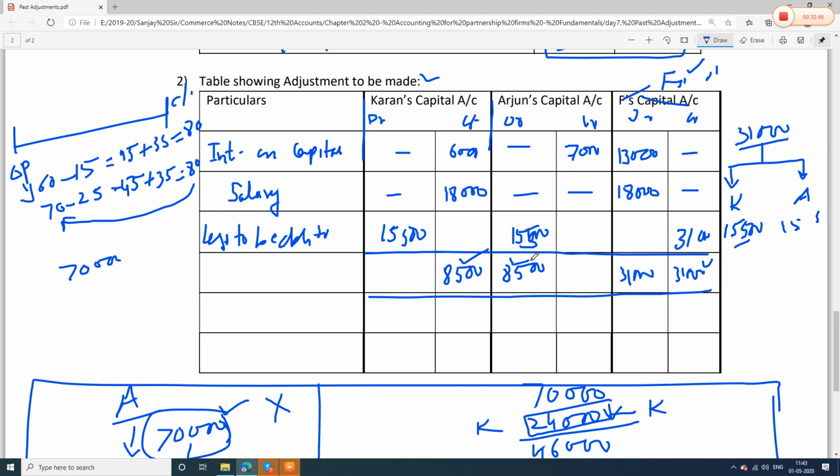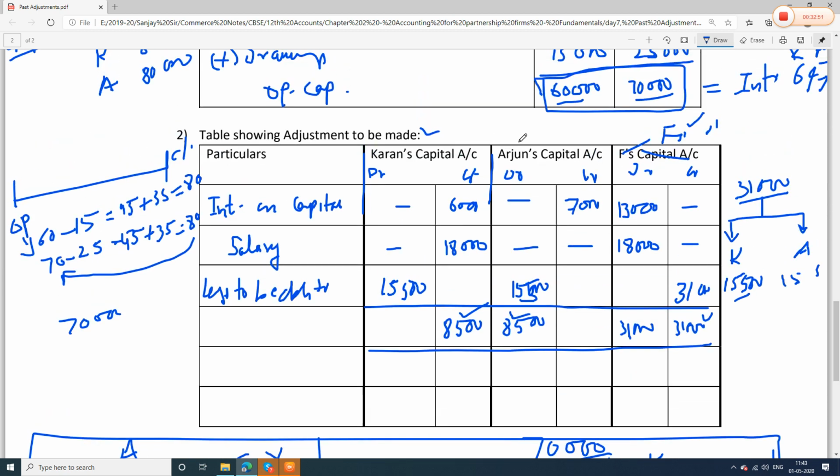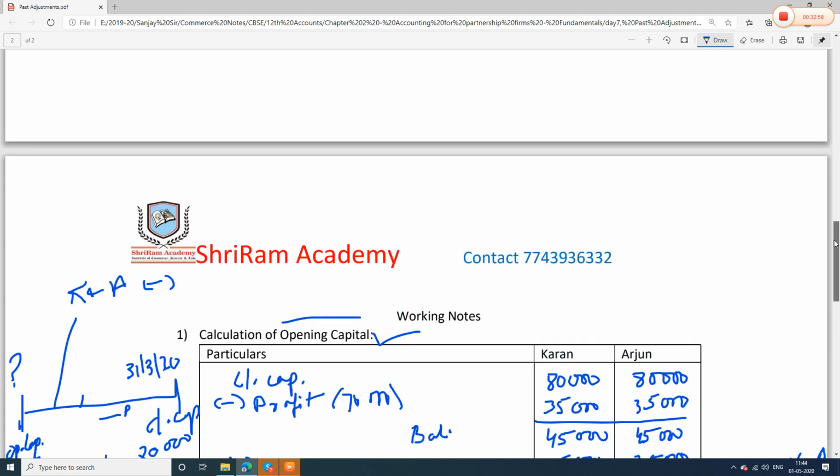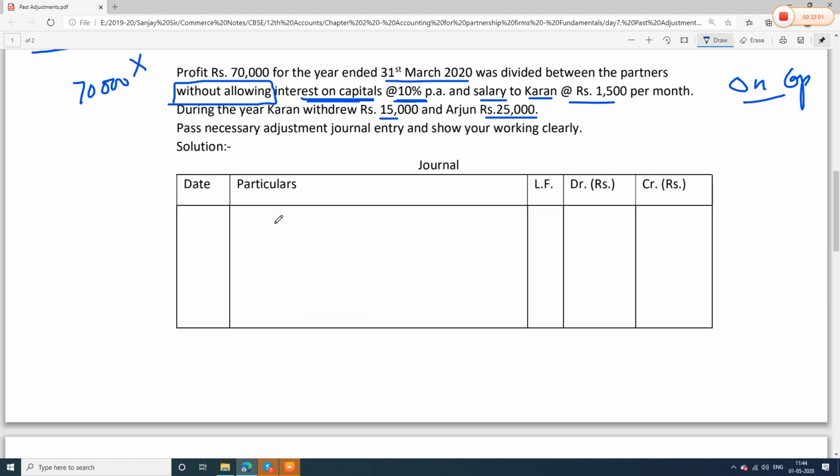So what will be our adjustment entry? Adjustment entry would be Arjun's capital account debit to Karan's capital account. So the adjustment entry would be like this. Your answer is only one adjustment entry. Okay.